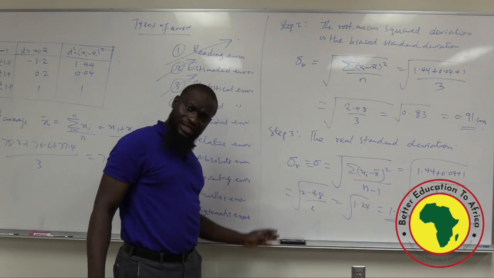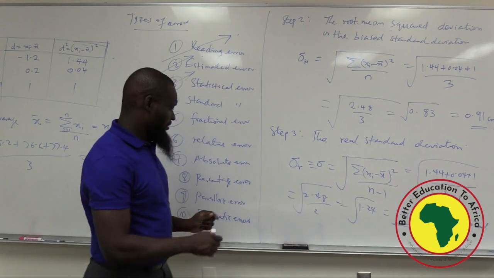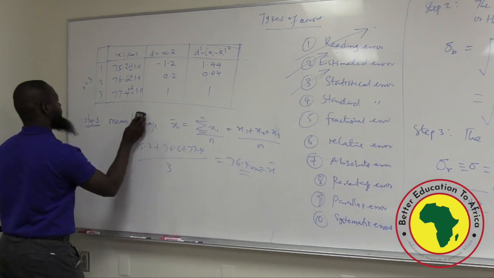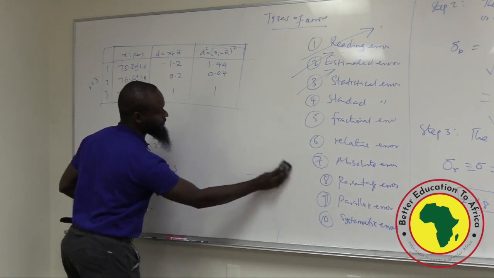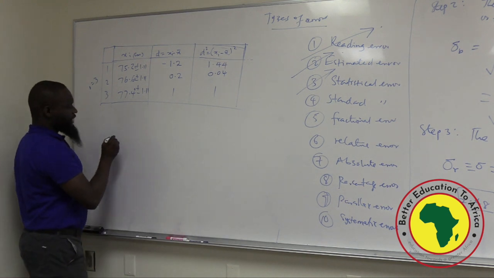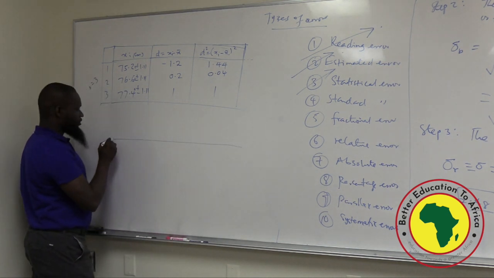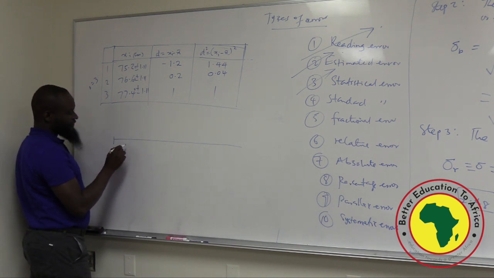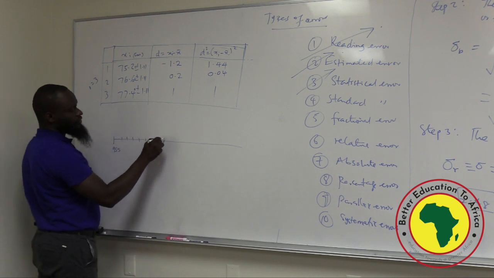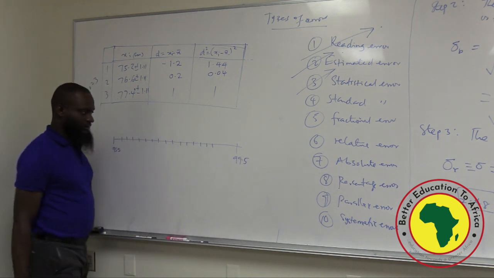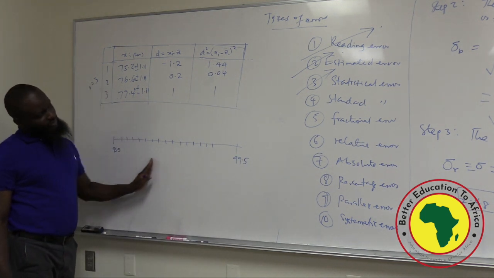This is called the real standard deviation because, for example, say we measure the length of a table 100 times. You get different values between 95.5 and 99.5, from here to there.